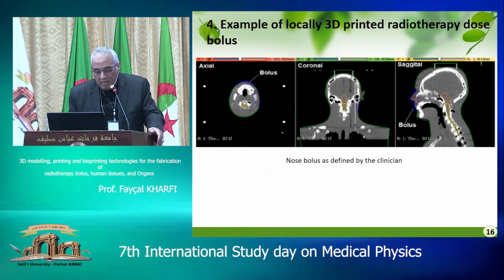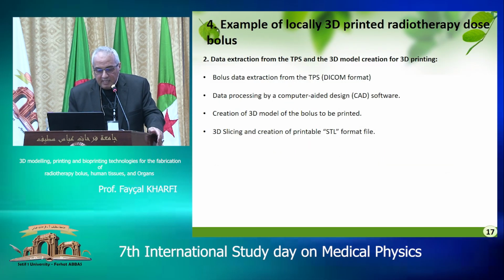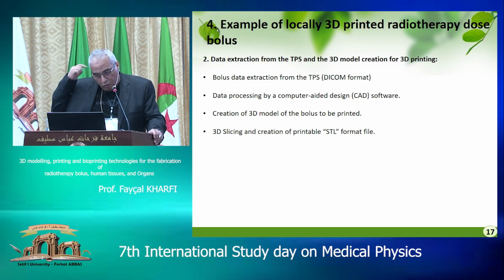After that, there is the second step, which is the data extraction from the treatment planning system and the 3D model creation for 3D printing. Here there are 4 steps. First, the bolus data extraction from the TPS in DICOM format, then data processing by computer-aided design in order to get a 3D volume that we can slice.